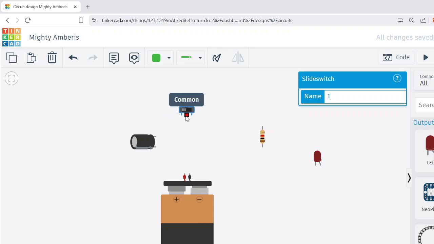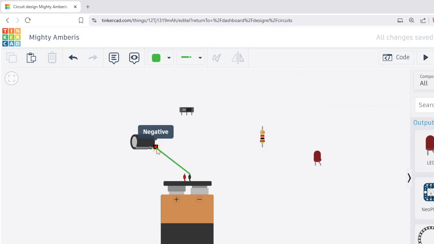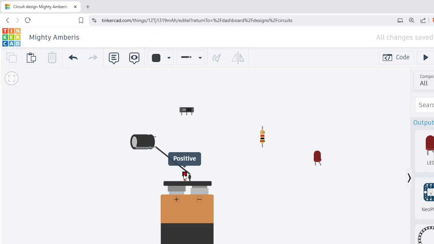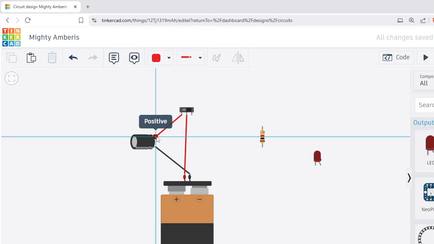So let's connect this. This is negative. Let's connect the negative, make it black. Let's connect it through the switch. Let's make it red. And going on to the capacitor.